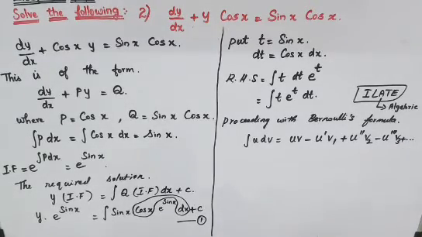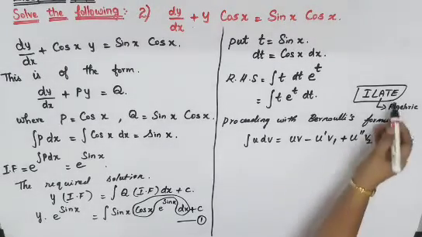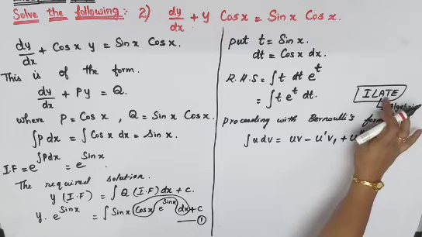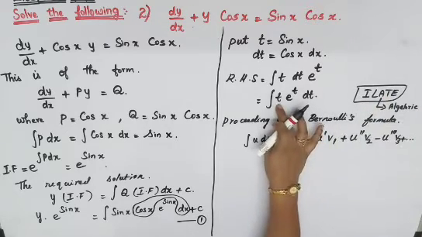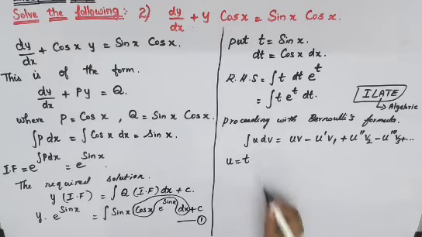Now you will have to take your u and dv. For that only we are using this ILATE format. Algebraic term is t, so u is equal to t.